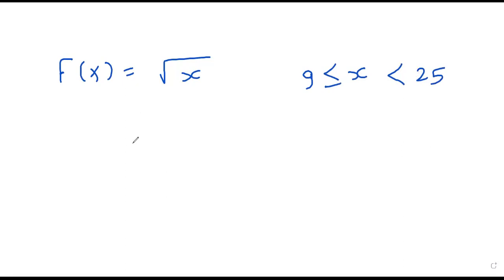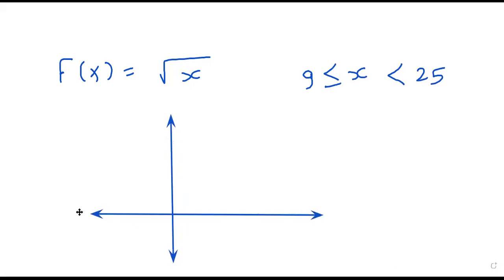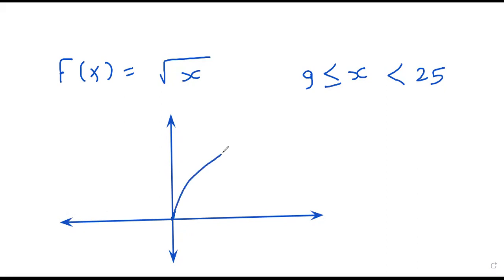So if we go back to the graph I've drawn, you will find that this graph is taking this form. But because I restricted the domain and I have 9, the first value of x we can find is 9.